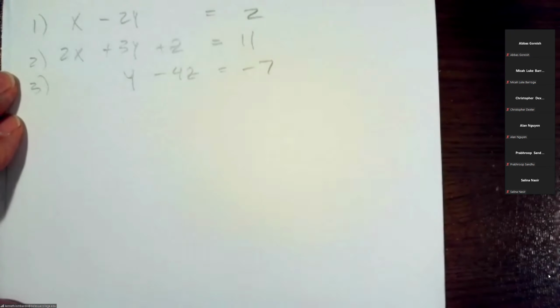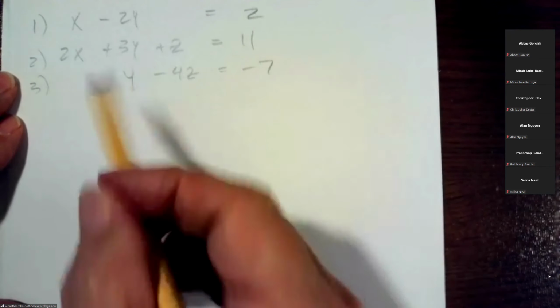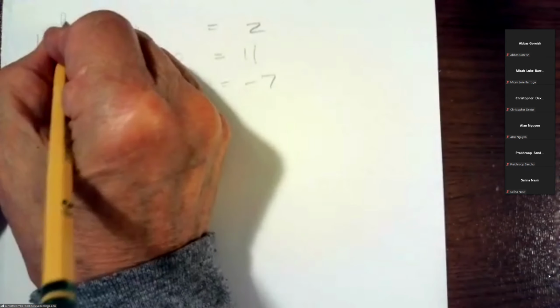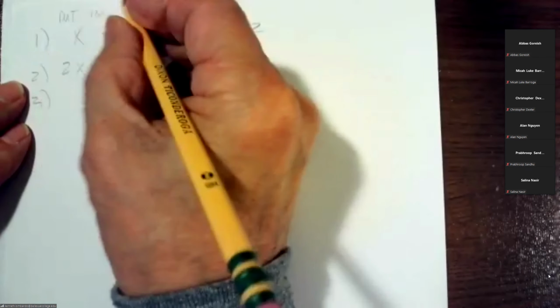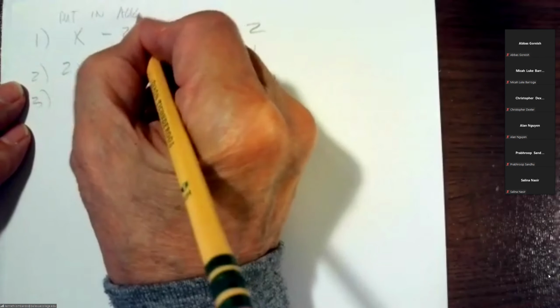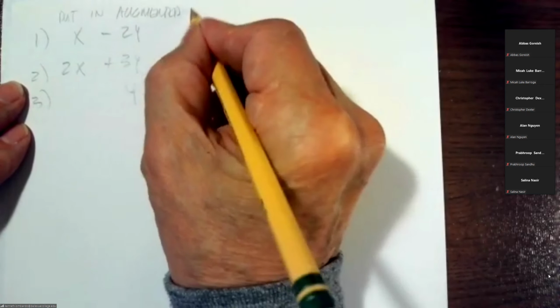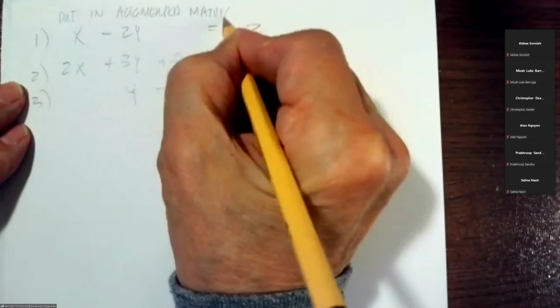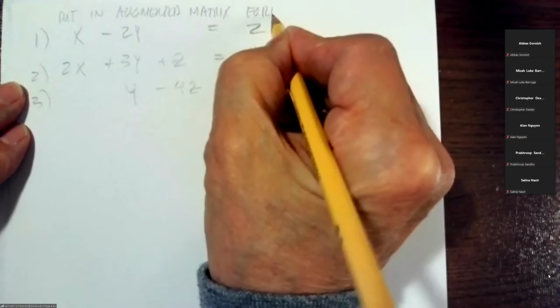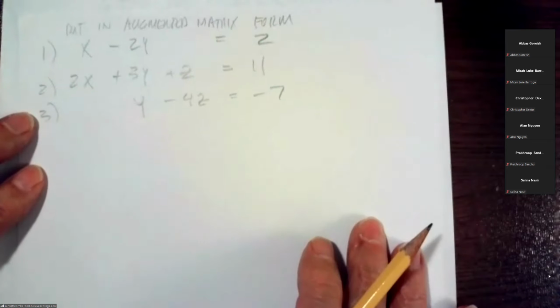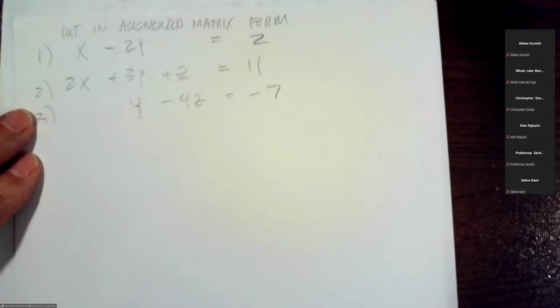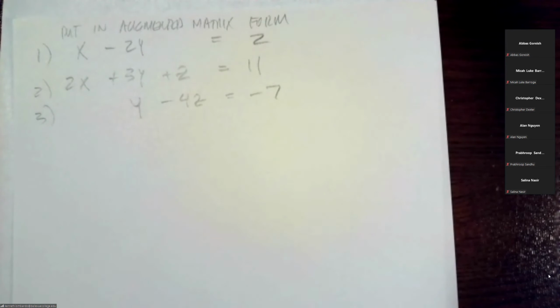And if the problem is to put this in augmented matrix form, could you do it? Do we know enough to put that in augmented matrix form?